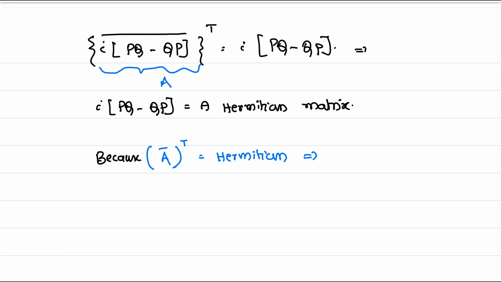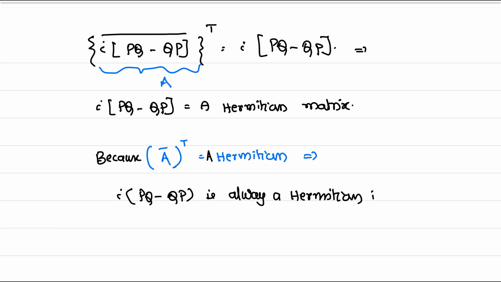That implies I into PQ minus QP is always a Hermitian matrix if P and Q are Hermitian.